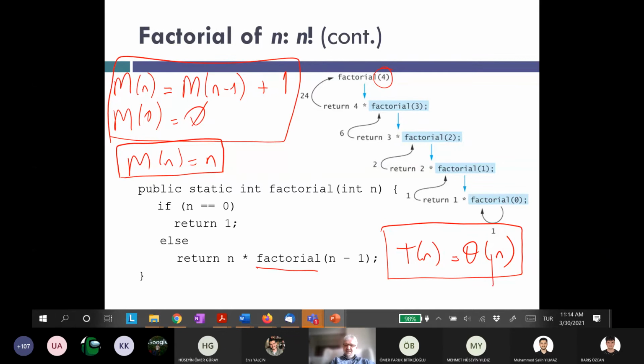Here the asymptotic notation hides some constant, and we don't know that constant, but calling a function and returning from a function will take constant time.